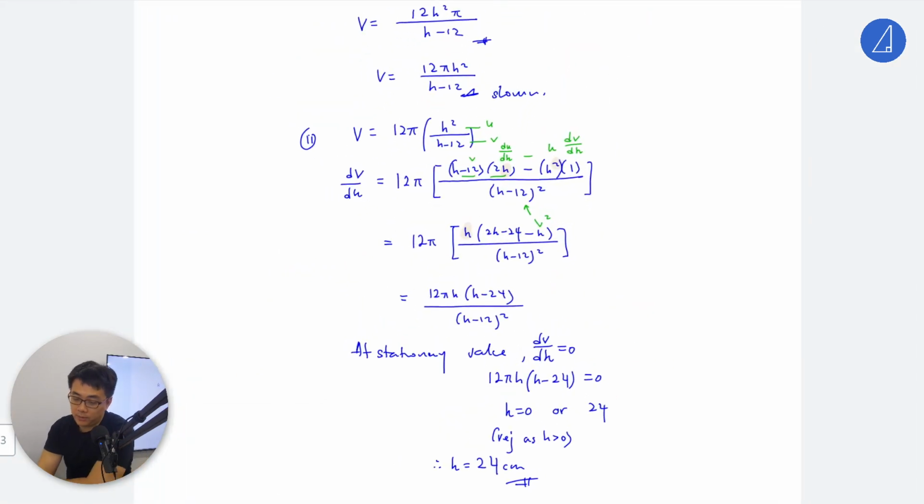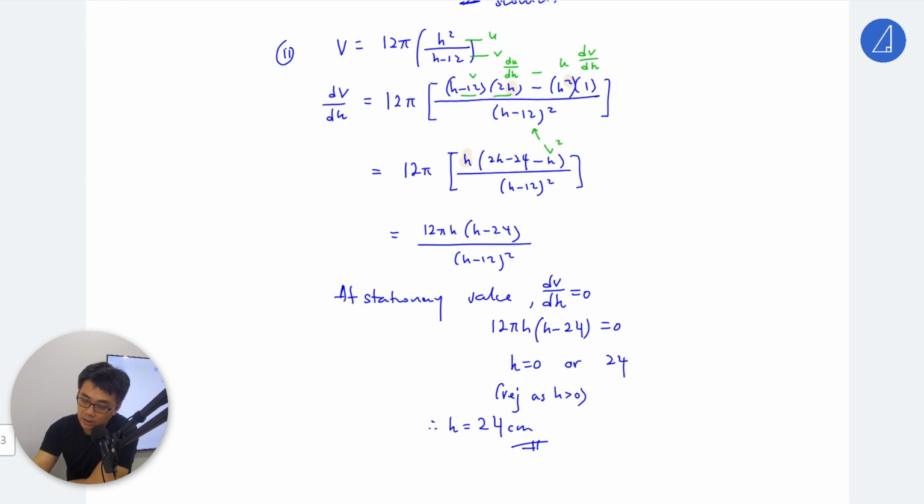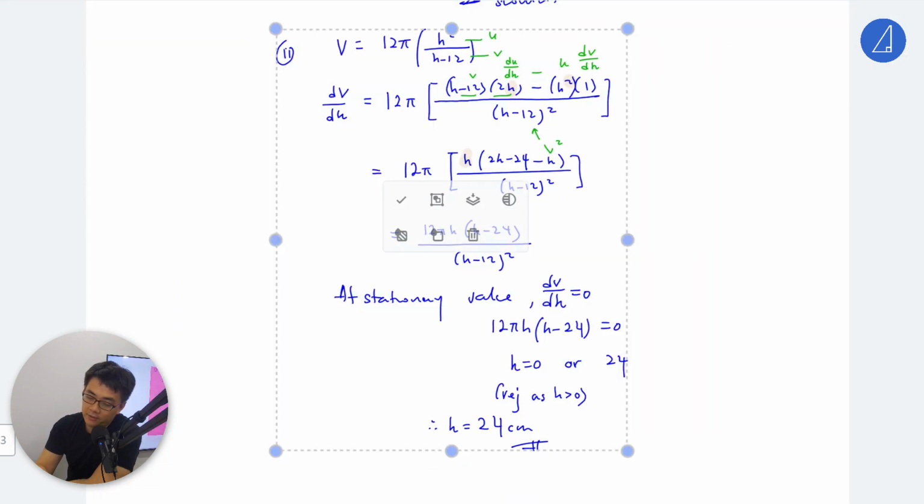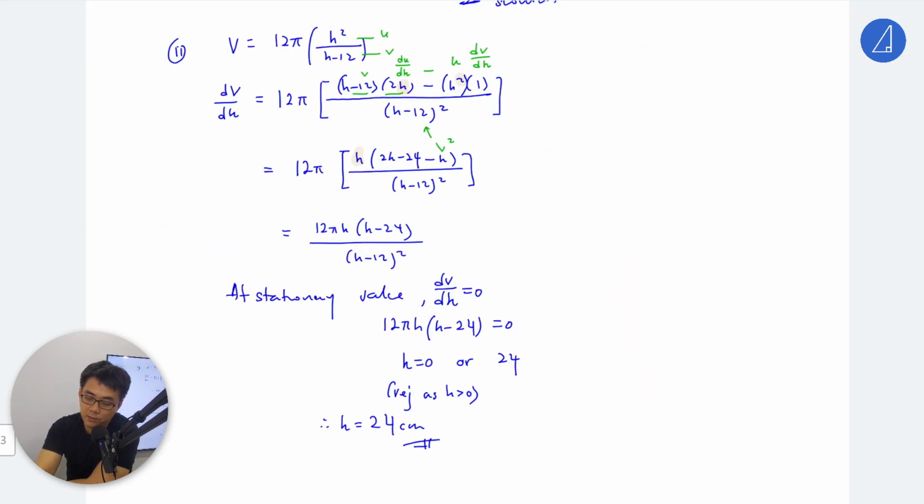Either way, whether max or min, I will suggest using first derivative test. So you just do part 3 because it's so complicated, right? This expression here. So I'm just going to use first derivative test.